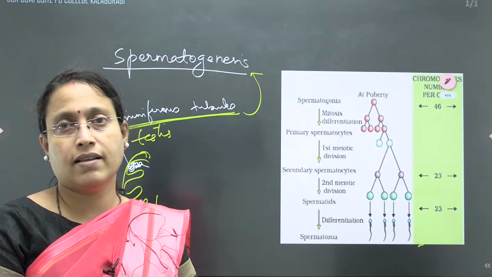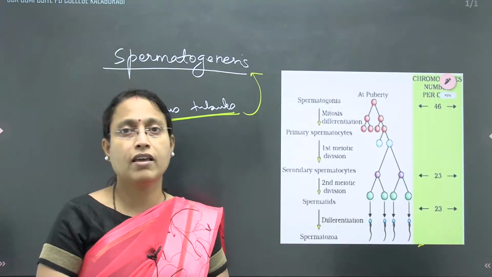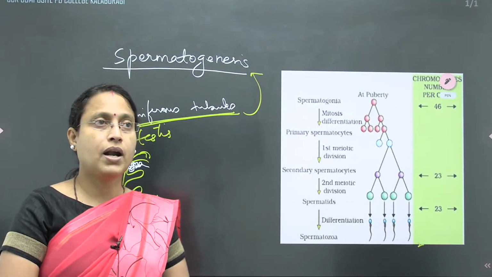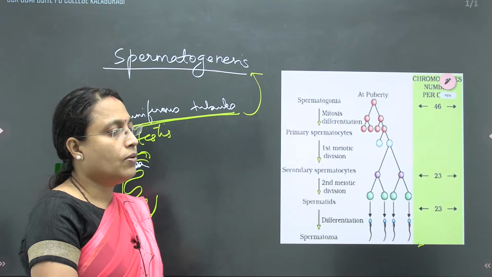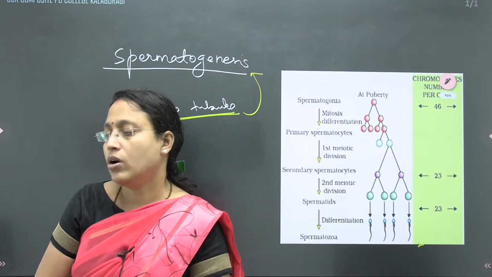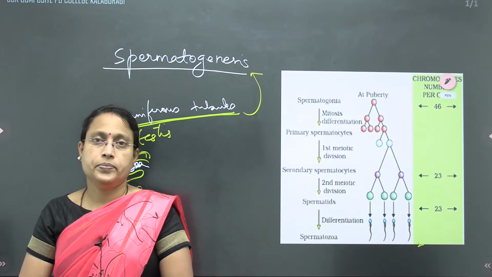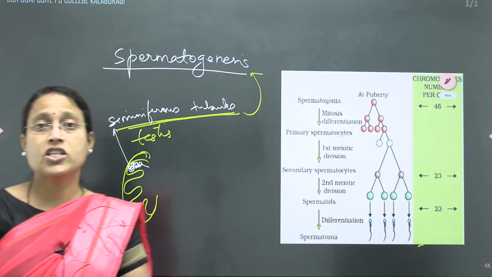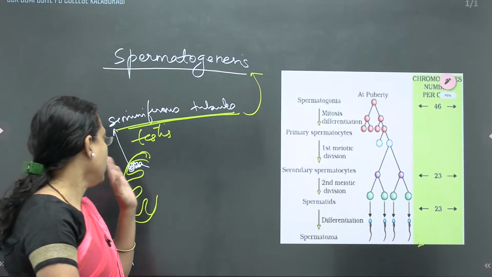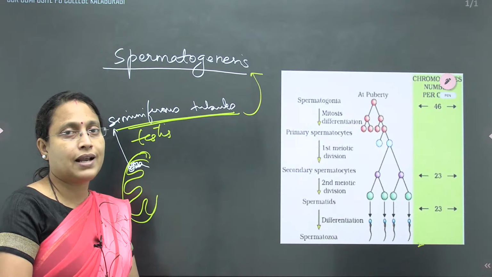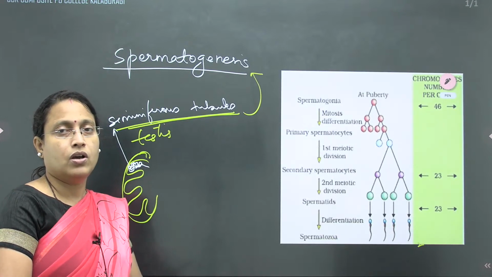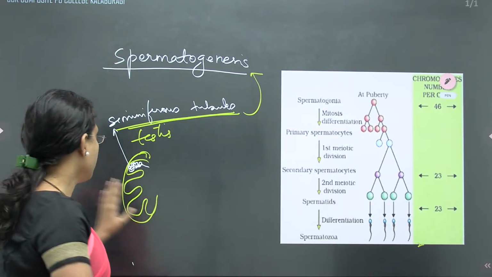Within each compartment, one to three seminiferous tubules will be there, and that is the site where meiosis occurs and sperms are formed.